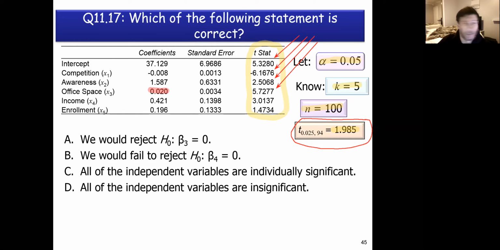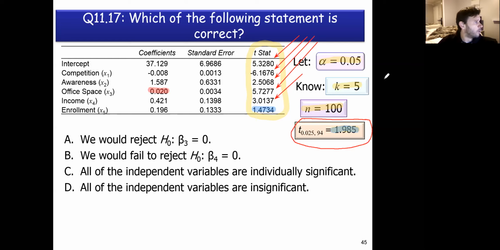It is far enough away from 0. Income is significant, but we have an odd man out here, and the odd man out is the very last variable, which is college enrollment. College enrollment doesn't quite pass muster in terms of being far enough away from 0 to actually be statistically significant.